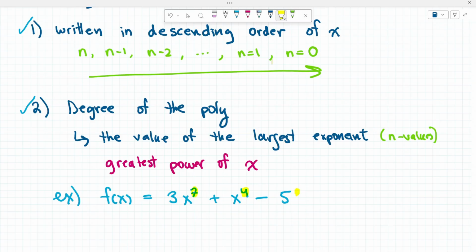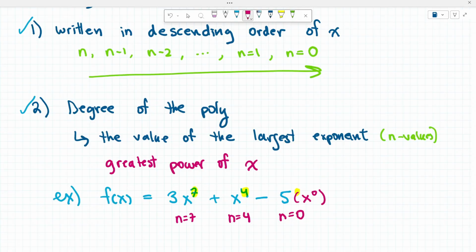And secondly, let's determine what the degree of this is. Well, we have to look at all the exponents, all of the n values. Here we have n equals 7. Here we have n equals 4. And next to our constant, we have n equals 0, because like I said before, it's the same as multiplying our constant 5 by x to the power of 0.